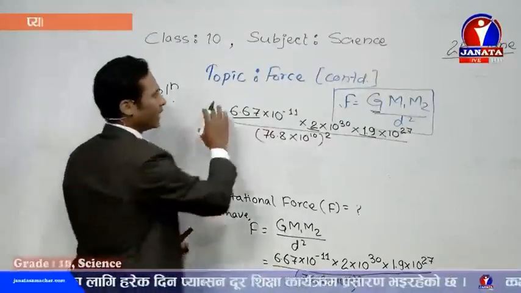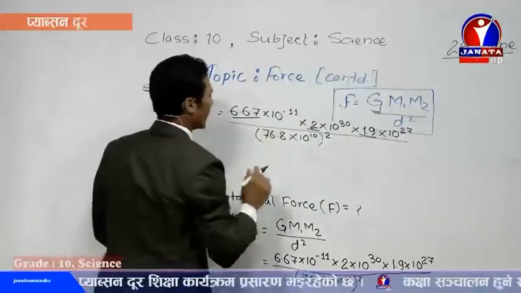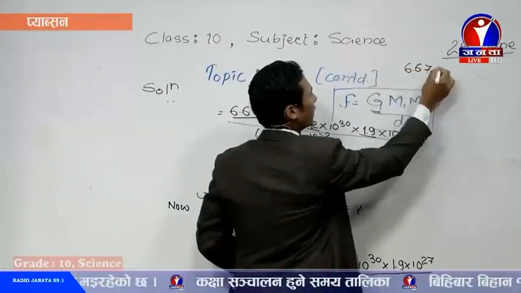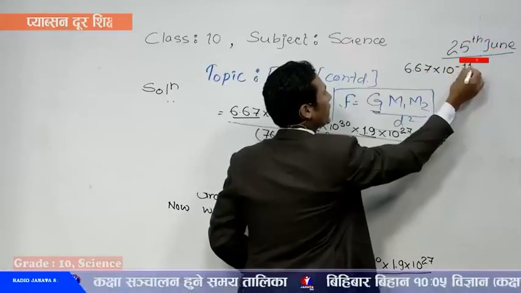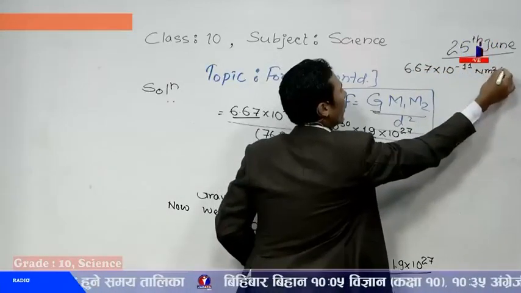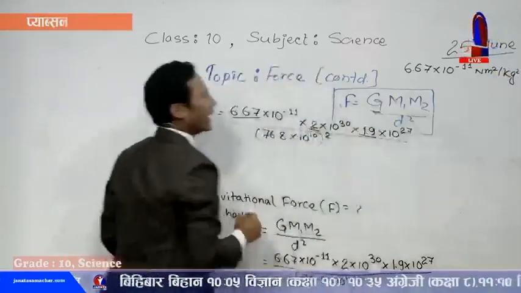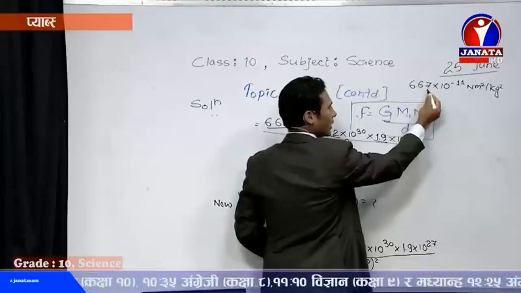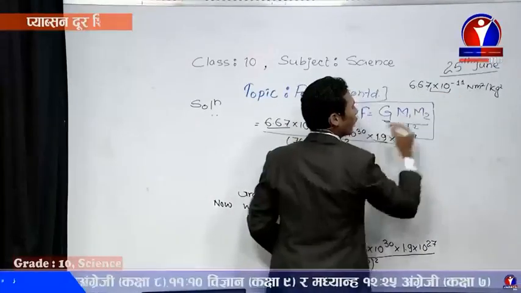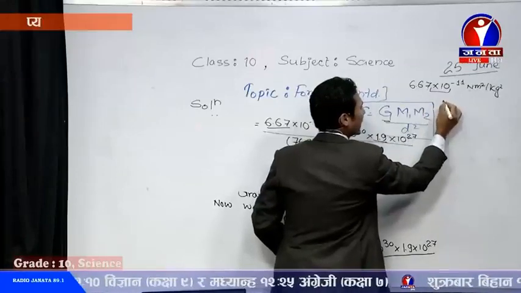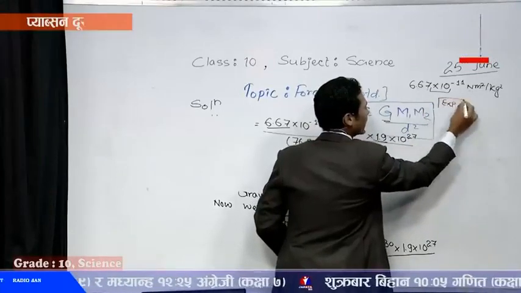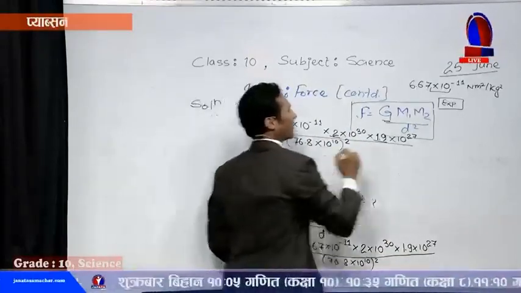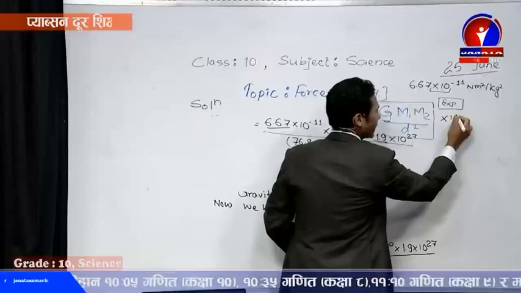So right now I will enter everything. And one more thing is how to enter the power of 10, for example 6.67 into 10 to the power minus 11 Newton meter square per kg square. In the calculator, after 6.67, we press either EXP, which is in some calculators, or in most calculators you will get this sign.